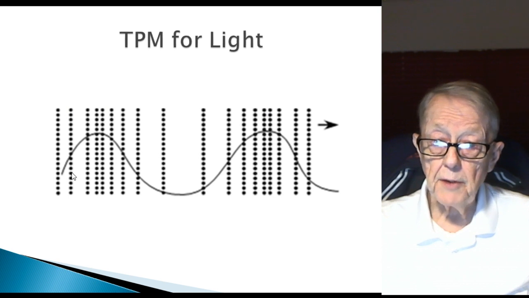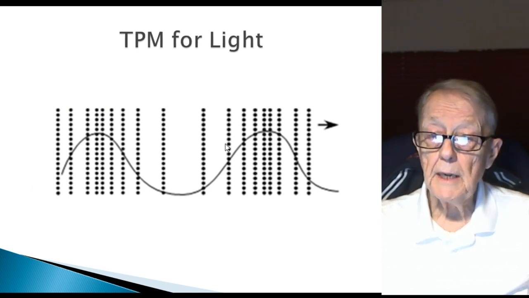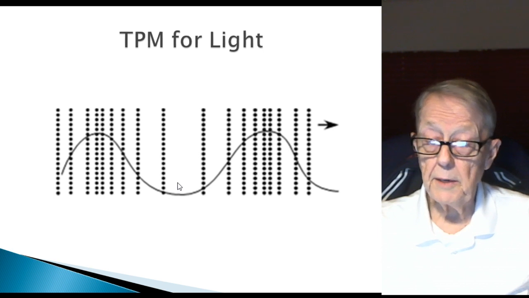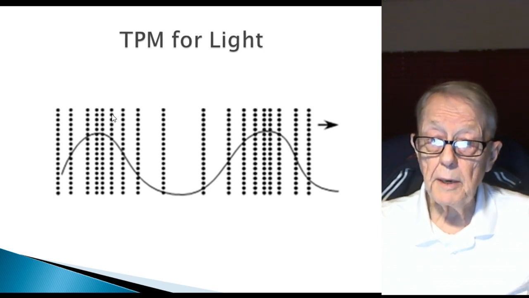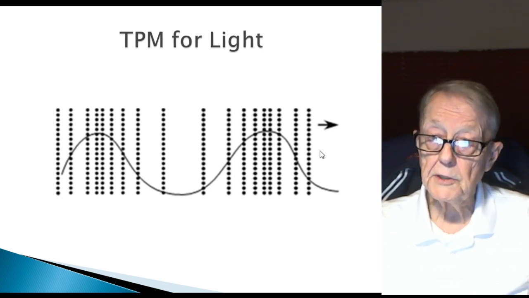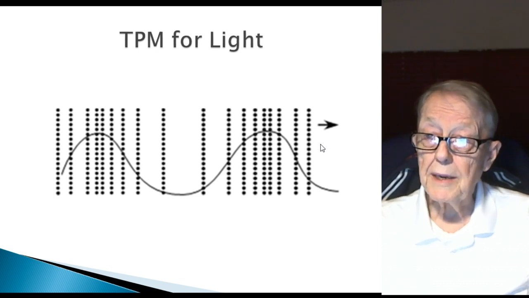This pattern was developed by Dave mathematically based on a sine wave, but it could be any pattern at all. It could be a pulse, a triangular wave, anything. It all depends on the distribution, and for light it has to be repetitive. This is the particle model's view of what light is.